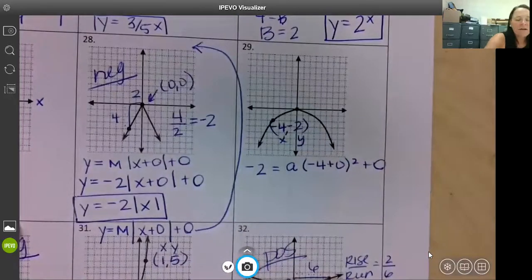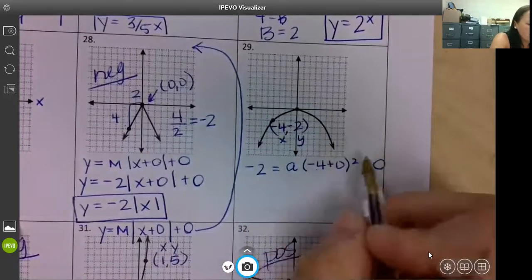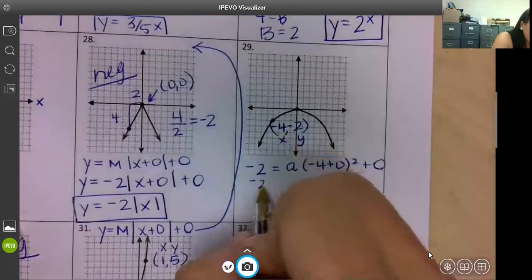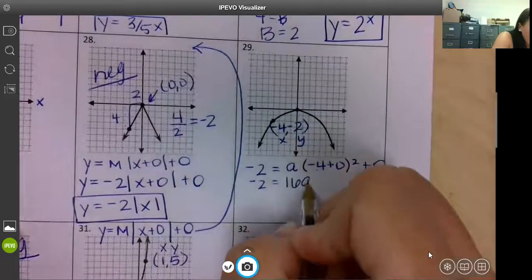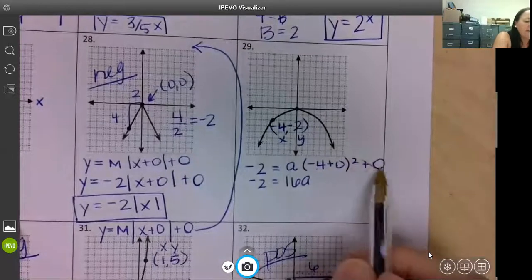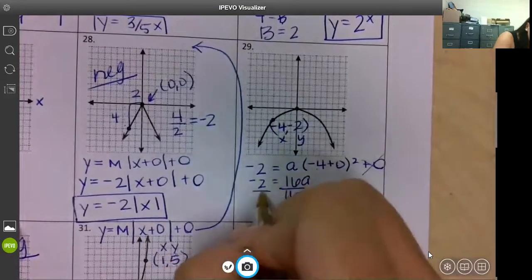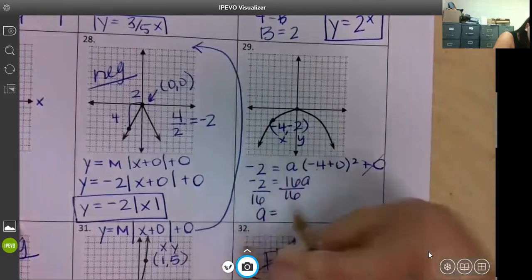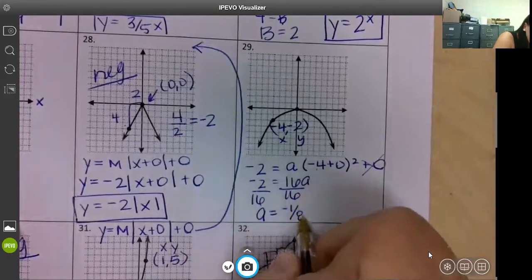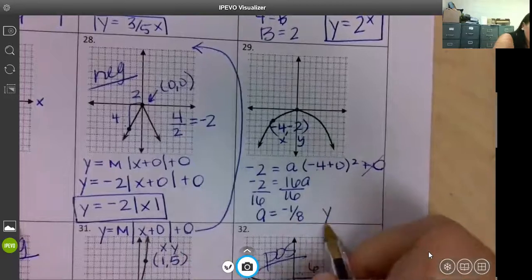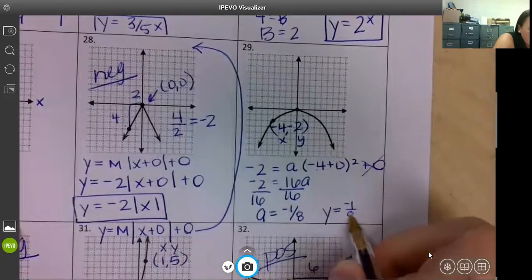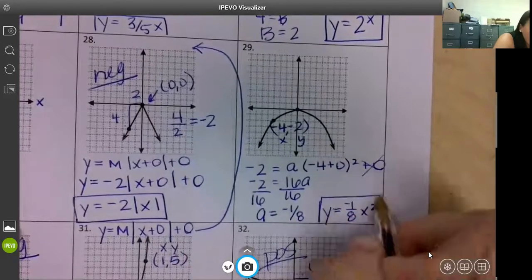And then we're going to solve it. -4 plus 0 is -4. Squared is 16. So we get -2 equals 16a. This 0 doesn't matter. Divide by 16. And we get a equals simplified -1/8. So your equation is y equals -1/8 x squared.